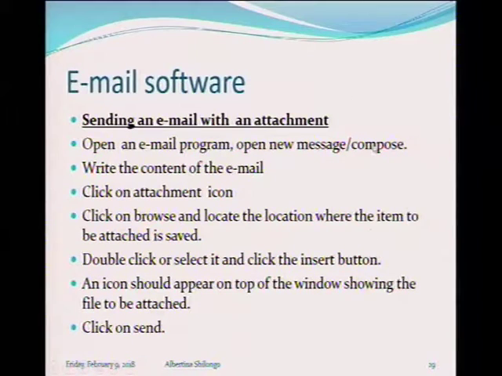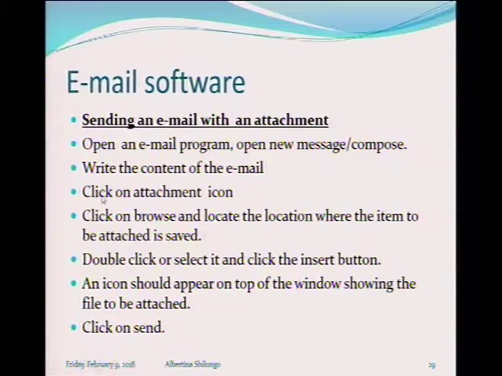You click on compose, you write a short message, and then somewhere on the email program there will either be a button written attachment, or there will be a clip. If you find a paper-looking clip type of button, that is the attachment button, and once you click on it, it will allow you to attach a file to your email.